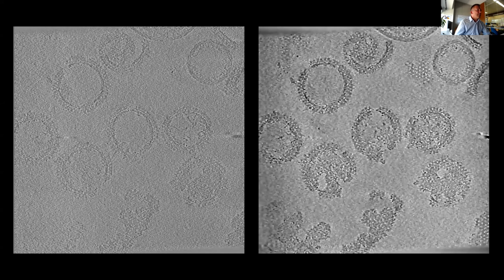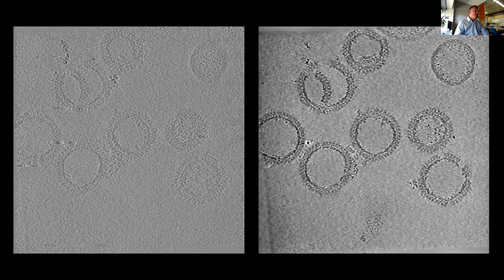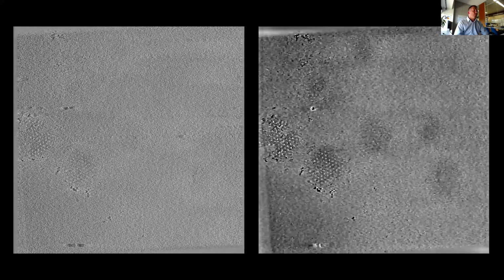What you can see are these black dots. These are simply the fiducials, these gold beads, which have been used for the alignment of this tilt series.